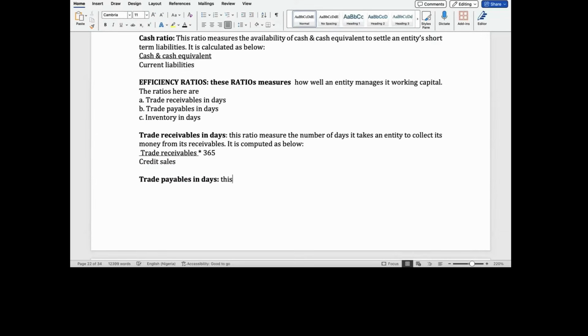This ratio measures the number of days it takes an entity to settle its suppliers. So how long does it take us to settle our suppliers? Then we're looking at trade payables in days. And how do you compute it?